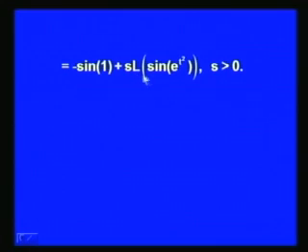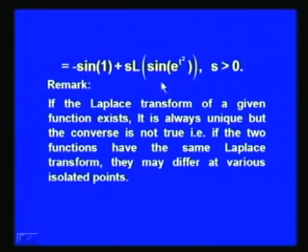So, its Laplace transform exists, and therefore, the Laplace transform of the given function f(t) exists for all s greater than 0. Now, we may remark here that if the Laplace transform of a given function exists, it is always unique, but the converse is not true. If two functions have the same Laplace transform, they may differ at various isolated points.